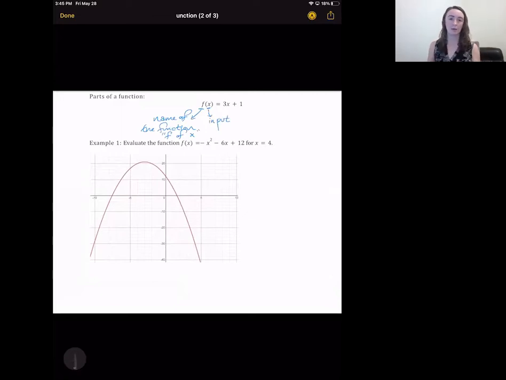X is the input for this function f. This is also sometimes called the domain. And lastly, we have the output of the function, which is this 3x plus 1. This represents the output, also known as the range.